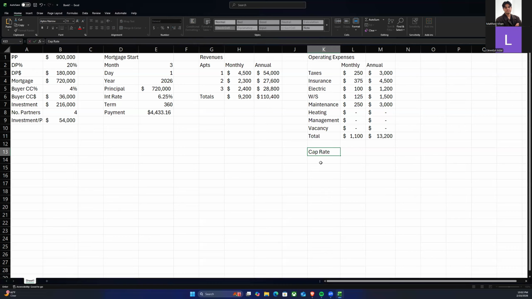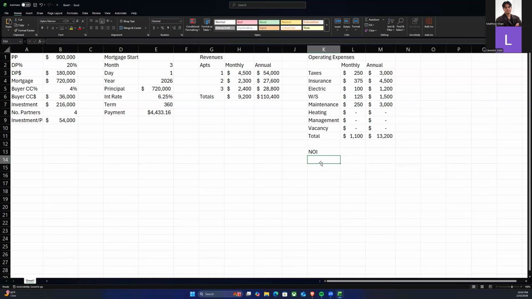Well, this is what we call the capitalization rate, right? And it's dependent on what other people are making for a building as if they bought it all cash, right? And it's usually a percentage, right? And even before this, let's get rid of that for a moment and type in NOI, net operating income.